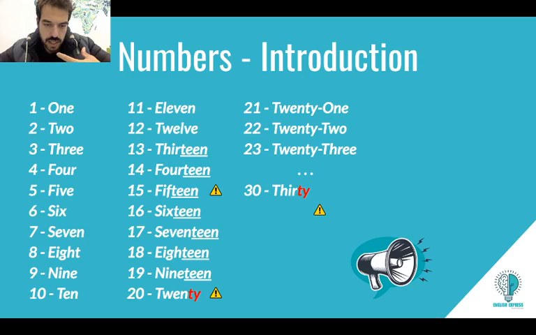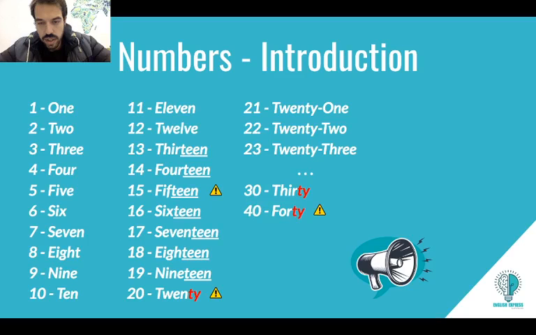So 20 in this case is in front, and you're going to add the second number, 21, 22, 23, right? So it's the same situation for 30, right? So 31, 32, 33, 34, 35, 36, 37, 38, 39, 40, right?